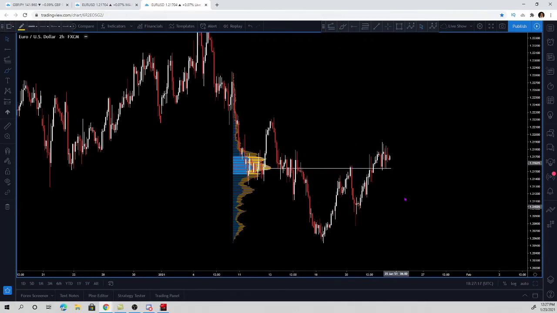So if you are looking to short the Euro US dollar, for example, and you were looking at historic price action here, you would wait for price to hit and reject that point of control. Or if you are looking at price action here, you are going to wait for price to break that point of control if you want to go short. Why?